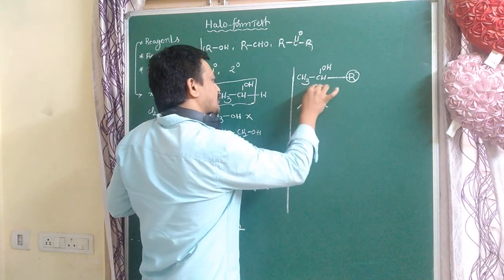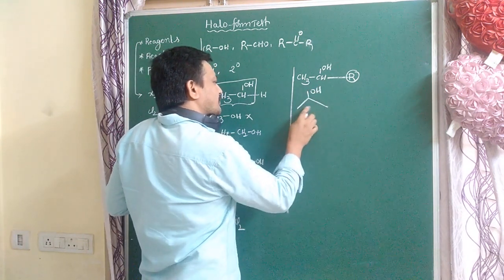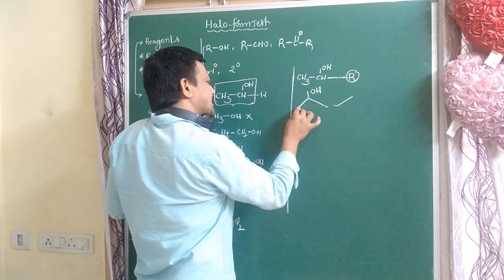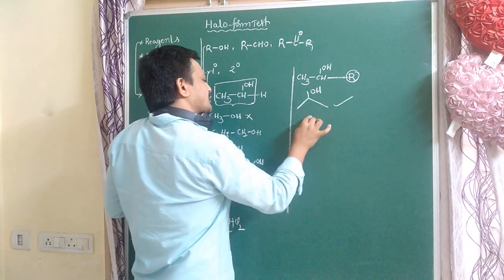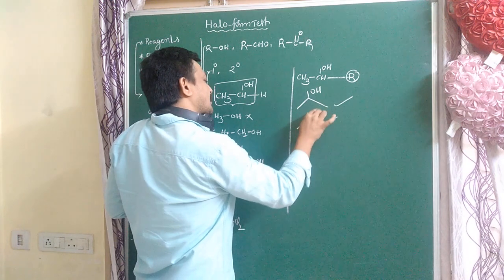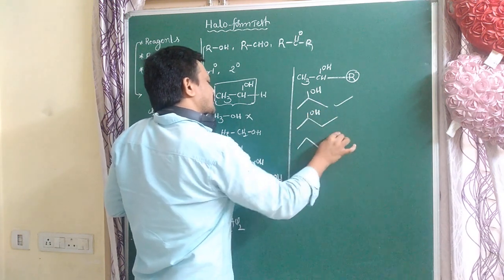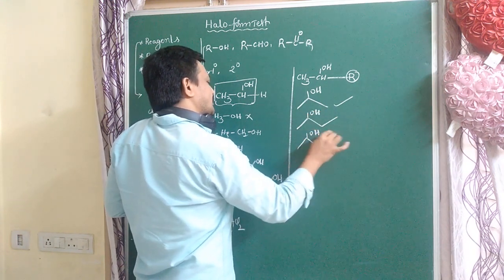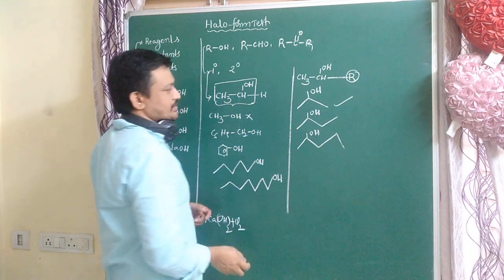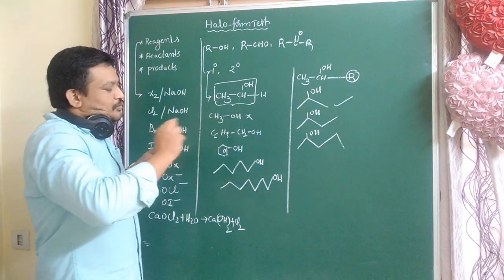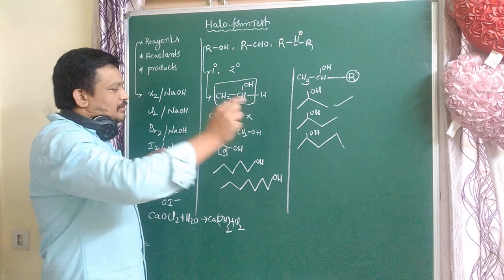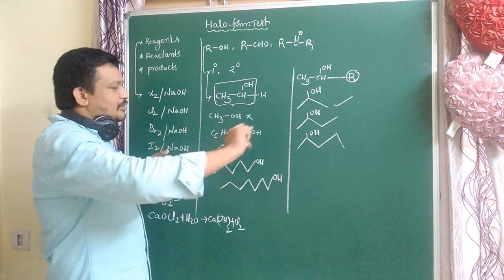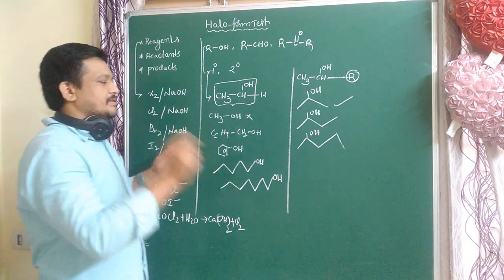For example, CH3CHOH is involved in the haloform test. 2-propanol, 2-butanol, 2-pentanol, 2-hexanol, 2-heptanol are involved in the haloform test.